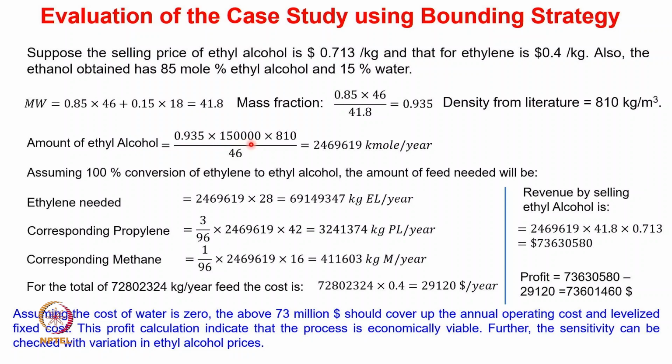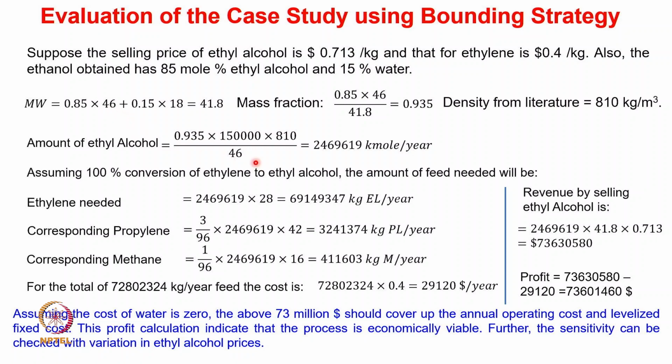1,50,000 meter cube per year of the ethanol which we wanted to sell in terms of kilomole per year. So for that we have multiplied 0.935, which is the mass fraction, into 1,50,000 meter cube per year, into the density of the product, which is 810, divided by 46.